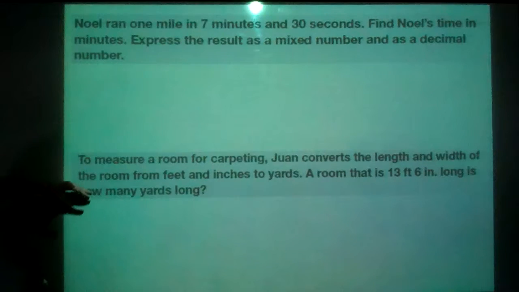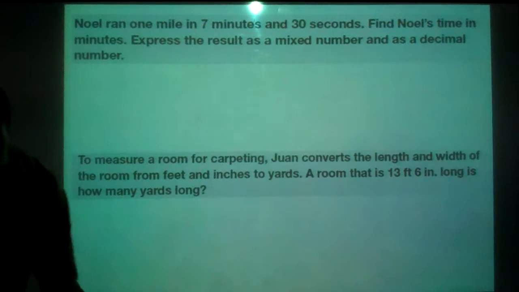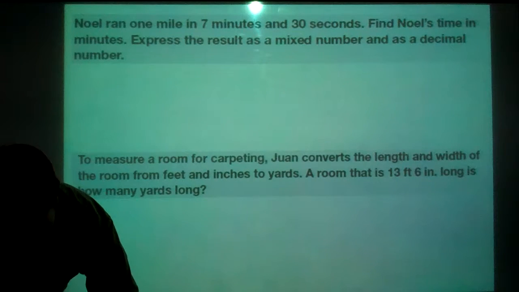Alright, so this one's a little more involved. Juan converts the length and width of the room from feet and inches to yards. A room that is 13 feet 6 inches long is how many yards long? So we'll look at that.